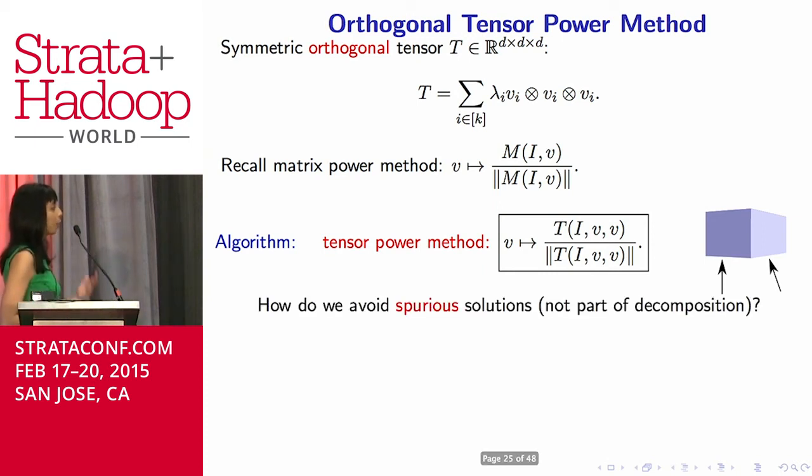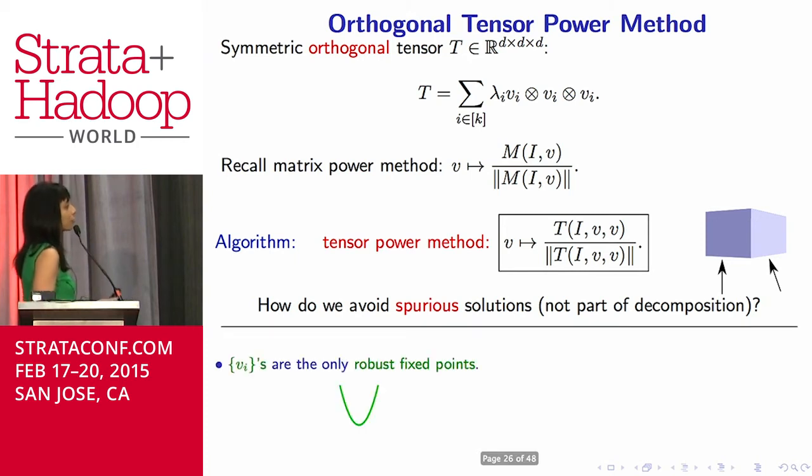One of the main properties we've shown is that even though this is a non-convex problem, there are no spurious solutions. This is the nice structure of tensor algebra that comes into play: the only points that this tensor method will converge to are the components of this decomposition.